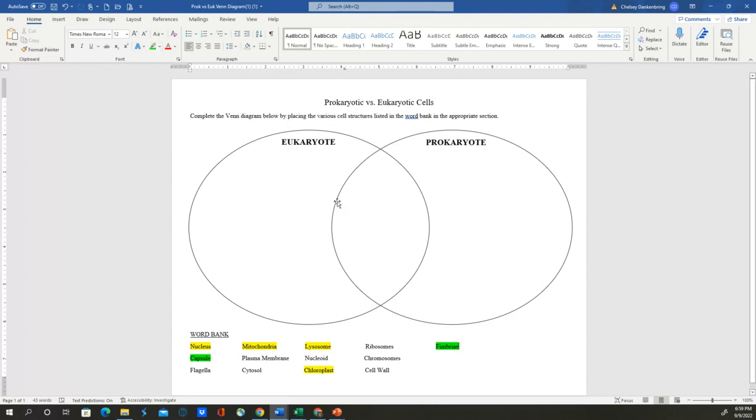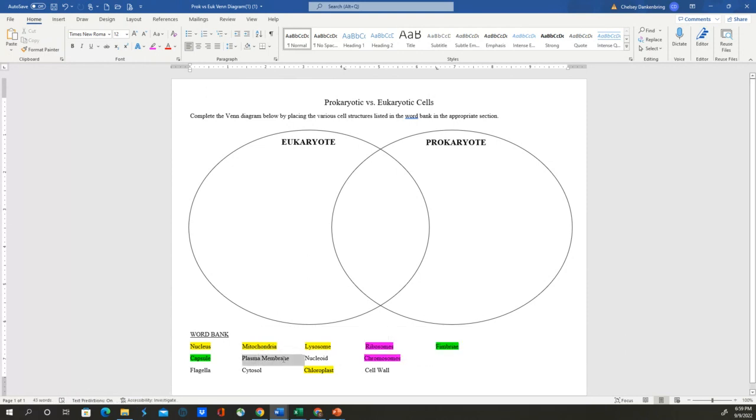All right, so what do both have? Or I should say, what can both have? Okay, so let's do an all statement. All cells, no matter if they're prokaryotic or eukaryotic, are going to have ribosomes. All cells are going to have a chromosome, because remember, that's just DNA.